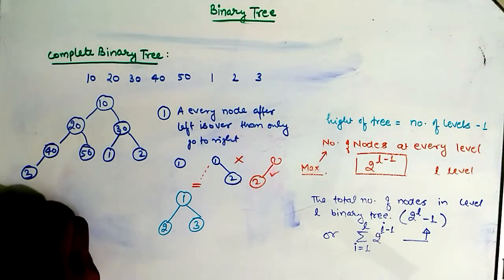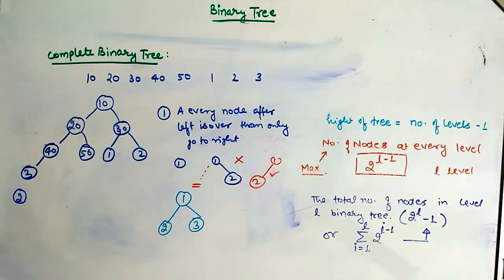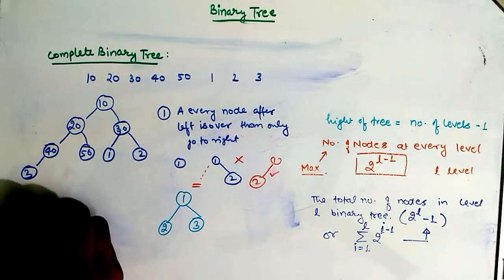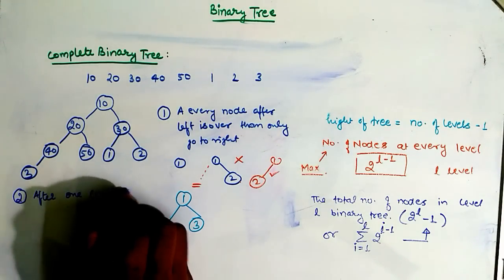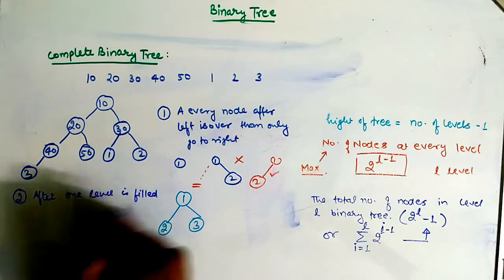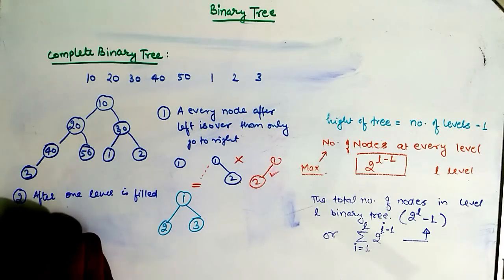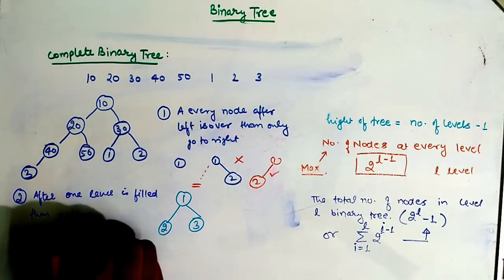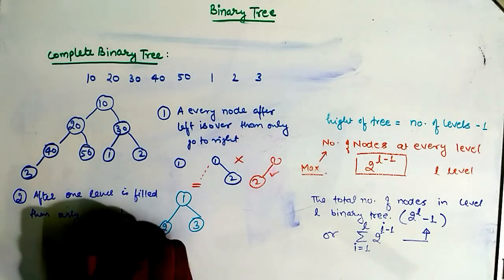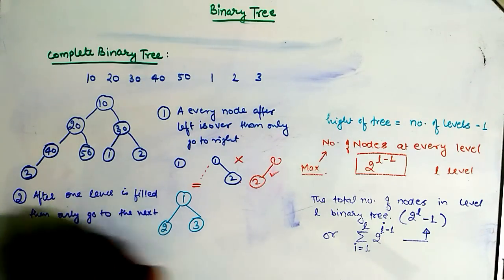Now second property is, a second property of a complete binary tree is after one level is over, or we can say that after one level is filled, then only go to the next level.